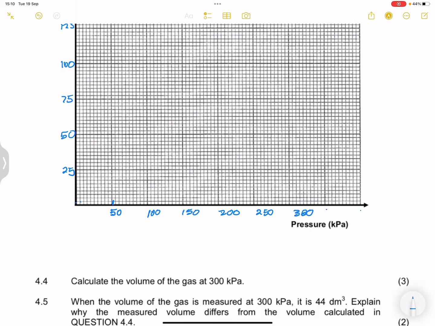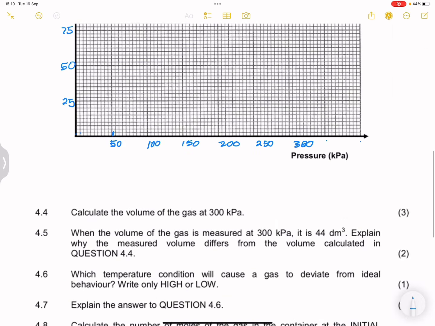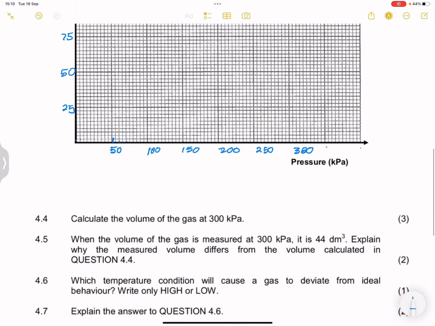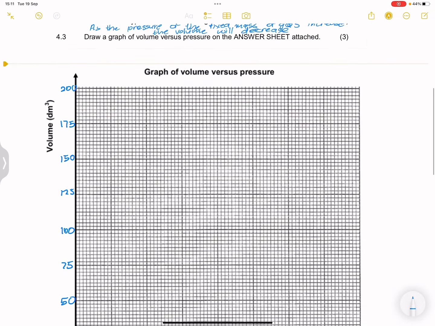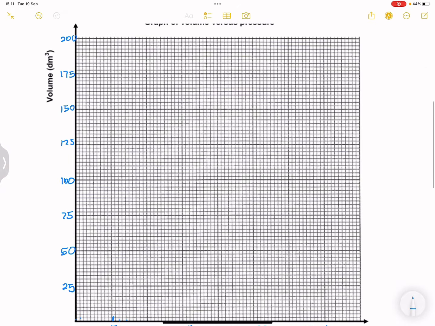So now we are looking at 70. That would be 50, that's 60, that's 70 somewhere there. That's our 70, and when the pressure is 70, the volume is 174.